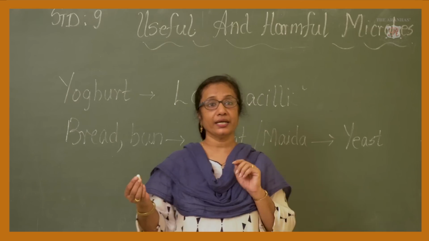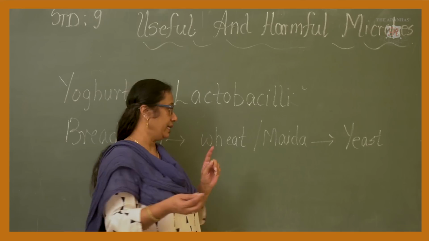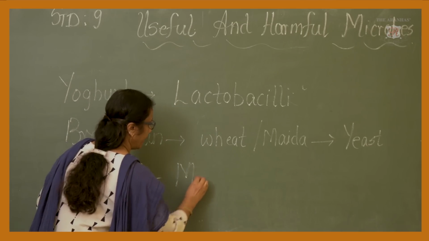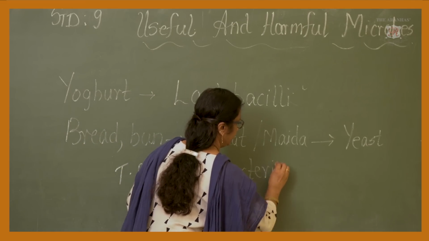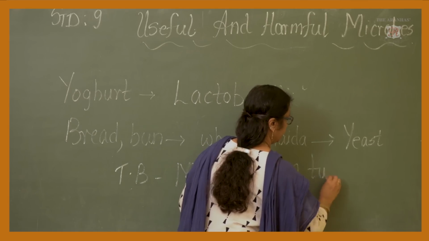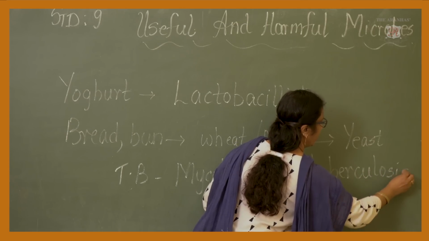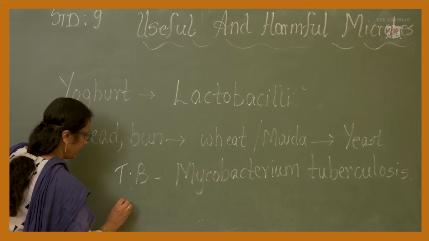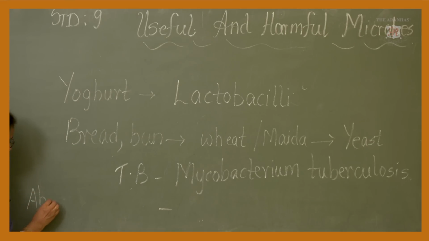Another one is Escherichia coli, E. coli, that you call it. For TB it is Mycobacterium tuberculosis, I told you that, and E. coli. Okay, this is TB and abdominal disorders. Abdominal, that is of your stomach.